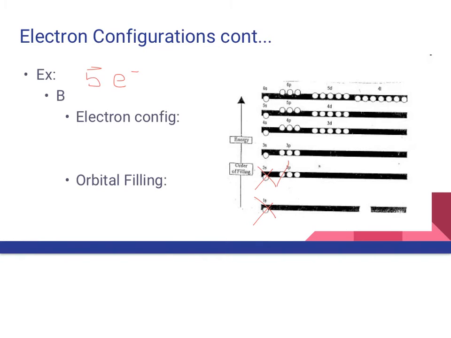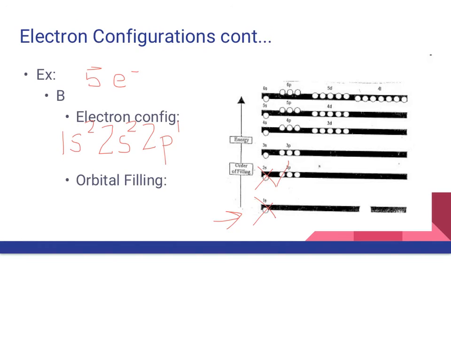Now we're going to use this energy level diagram to determine our electron configuration. Our electron configuration always starts down at the bottom, so I start by writing 1s. In the 1s orbital, I place 2 electrons, so I'm going to write it like this, 1s2. Once the 1s was full, I moved up to the 2s, and in the 2s, I put 2 electrons. Once that was full, I moved to the 2p, and in the 2p, I put 1 electron.